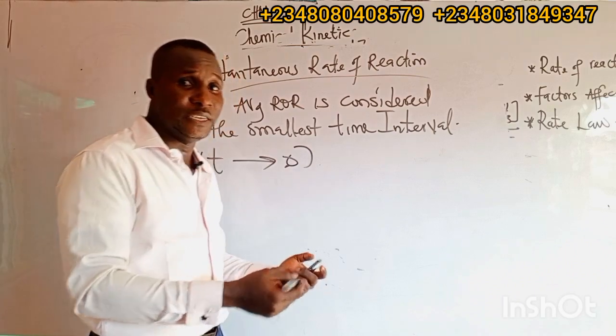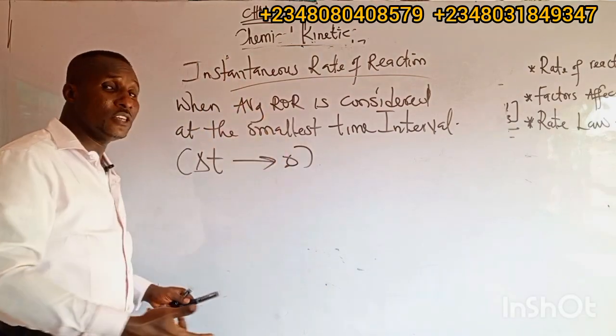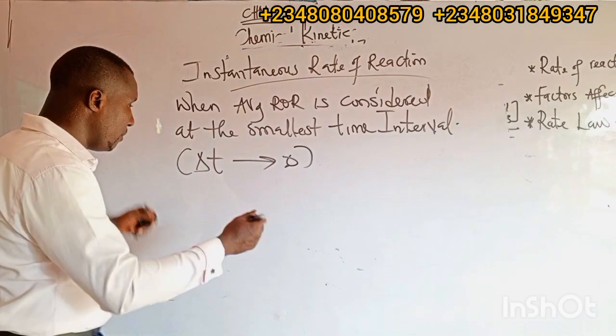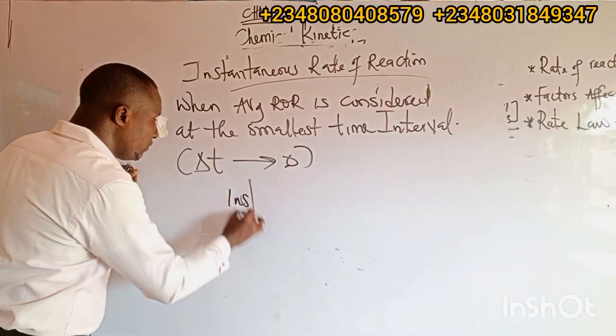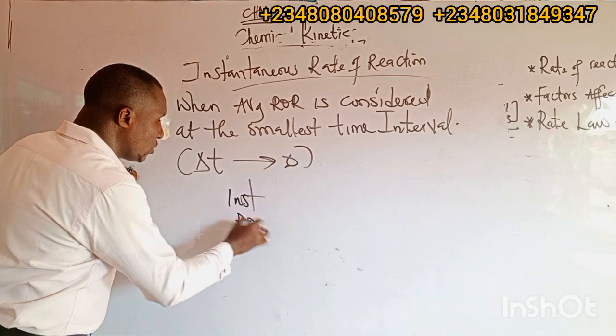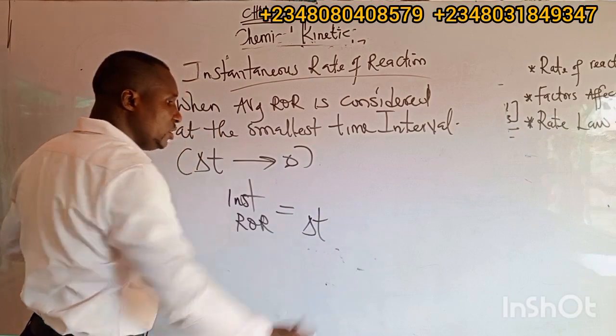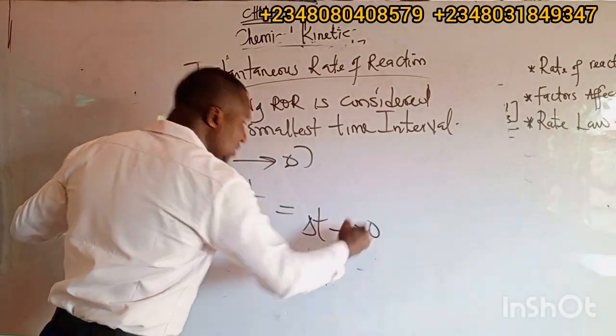Then what is the relationship between the average rate of reaction and the instantaneous rate of reaction? It's in your exam. The instantaneous rate of reaction is equal to the average rate of reaction when the change in time is tending toward zero.